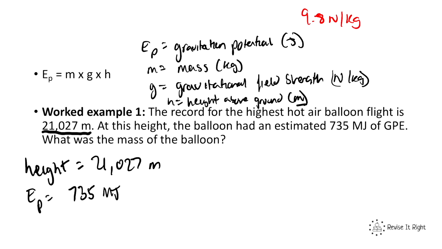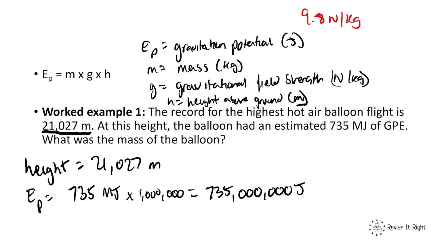This is in megajoules, so we do need to convert this. We can do this by timesing it by 1 million. So 735 times 1 million equals 735 million joules. What was the mass of the balloon?